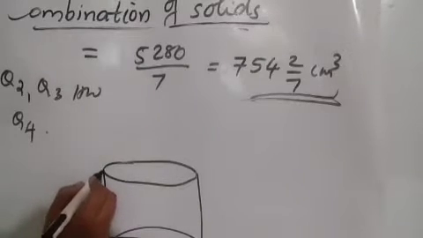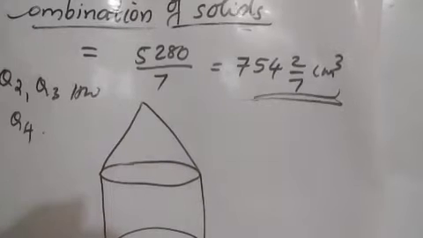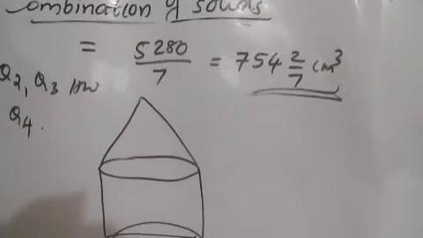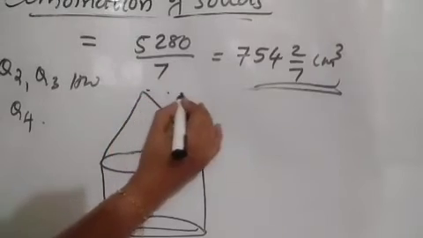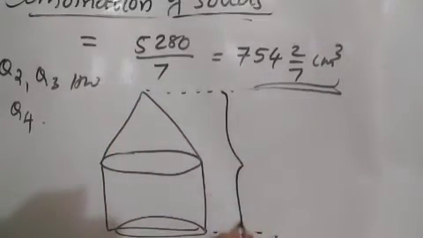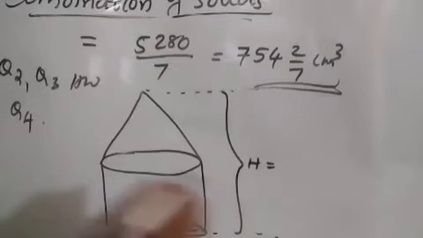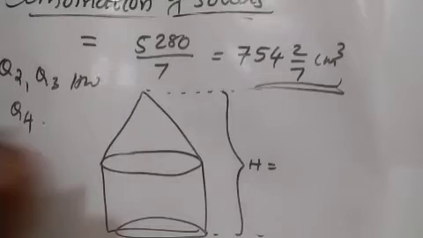From this top there is a cone shape. This is the shape of a circus tent. If total height of the tent is 13 meter, that means from the base to top, total height of the tent means from this height to base. Total height is given as 13 meters.